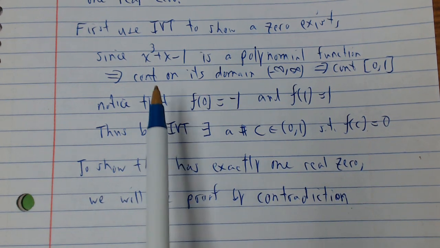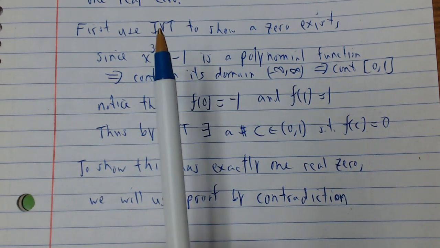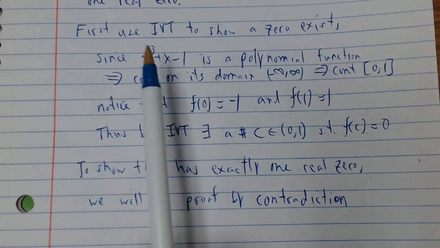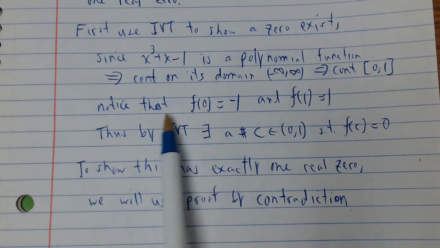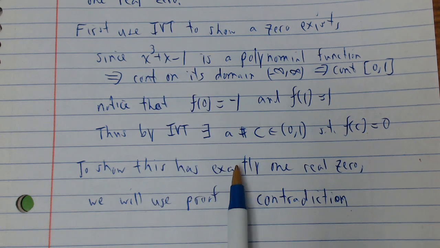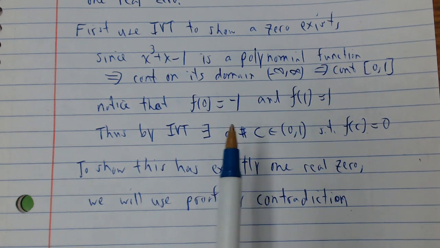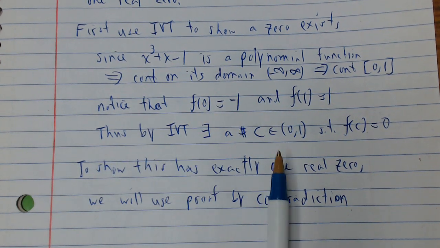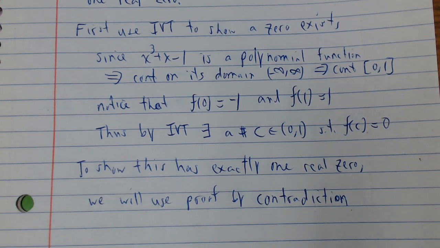So obviously, if it can't have two real zeros, it can't have three, four, five, and so on. And since by the IVT I've shown that it has at least one, and it can't have two, it must have exactly one. Okay, so I hope that what I just said makes sense to you. If it didn't, try to rewind it and replay it and see if that makes sense.